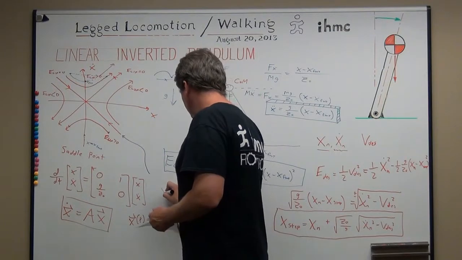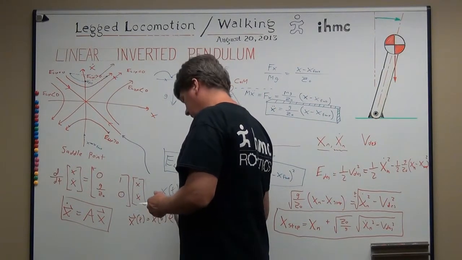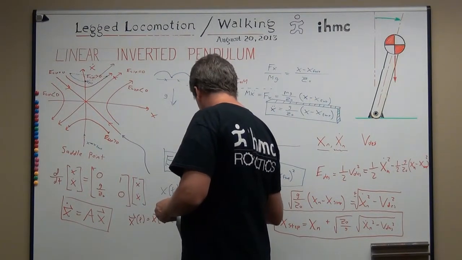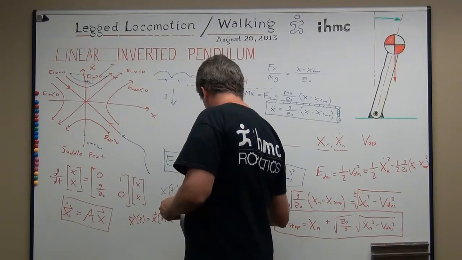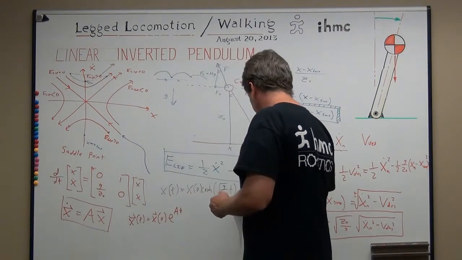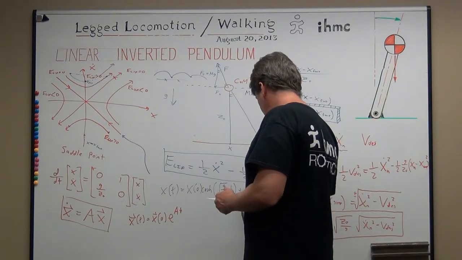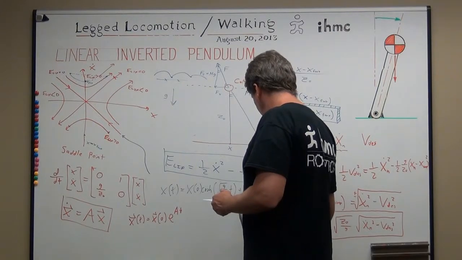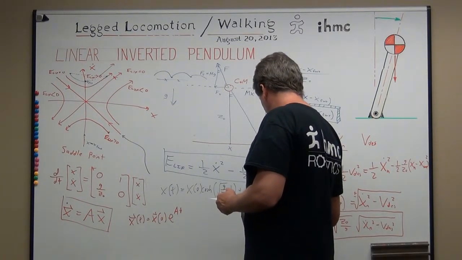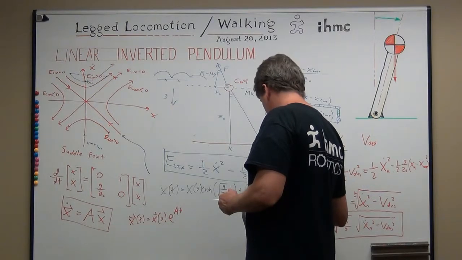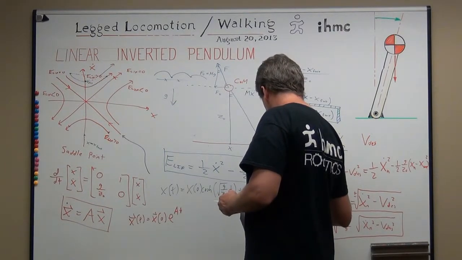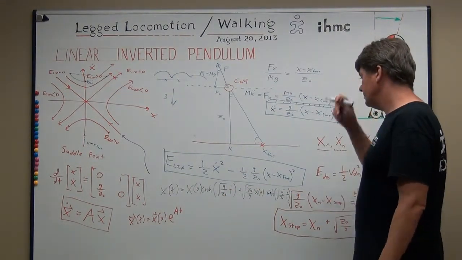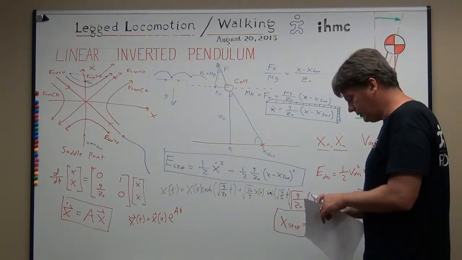So x of t equals x naught hyperbolic cosine of square root of g over z naught t, plus square root of z naught over g x dot at 0 hyperbolic sine of square root of g over z naught t. So that's the center of mass position as a function of time. So pretty complicated.